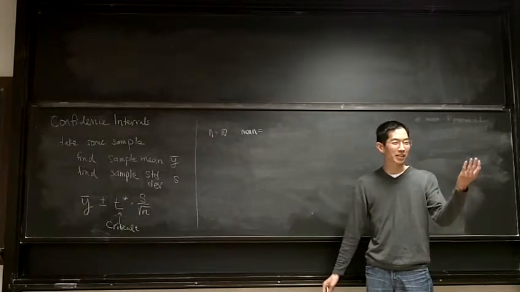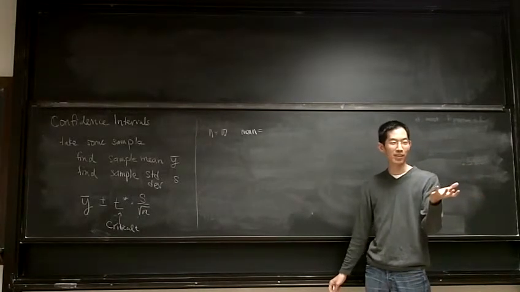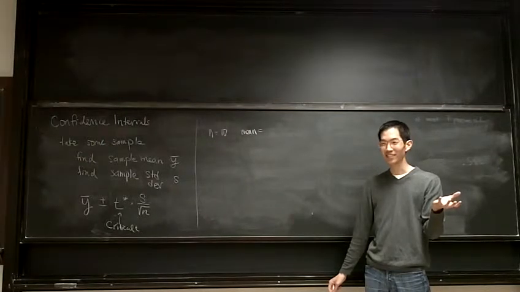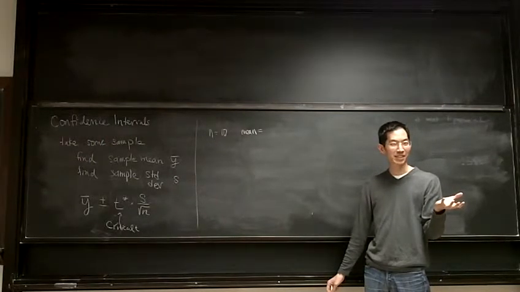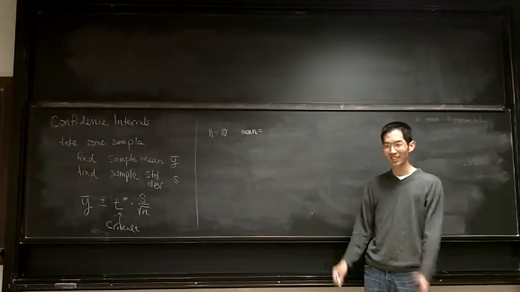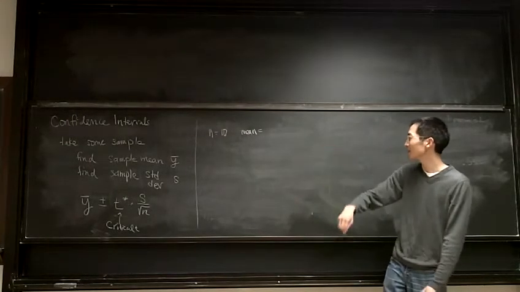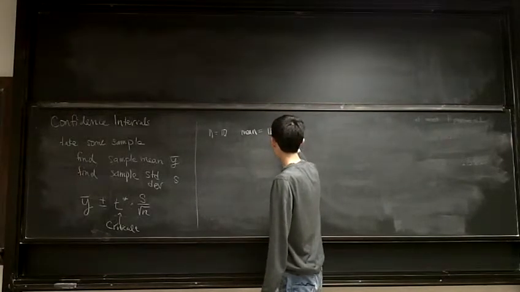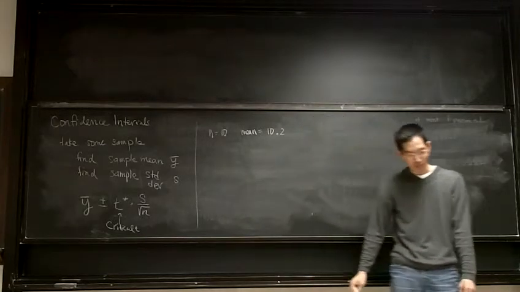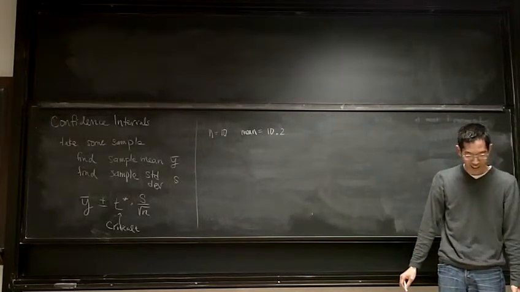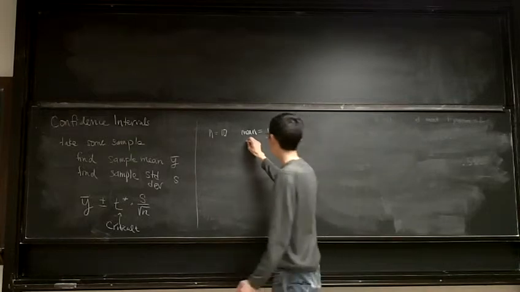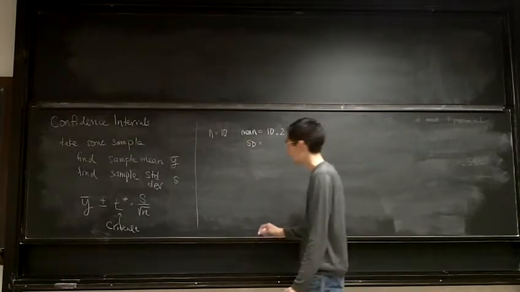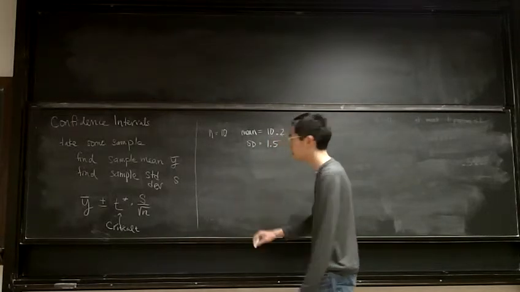How much does a cat weigh? Maybe 10 pounds, like Garfield cats. So maybe the average is 10.2 pounds, and the standard deviation of this sample is 1.5 pounds.